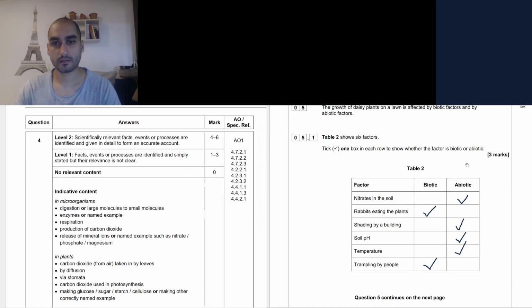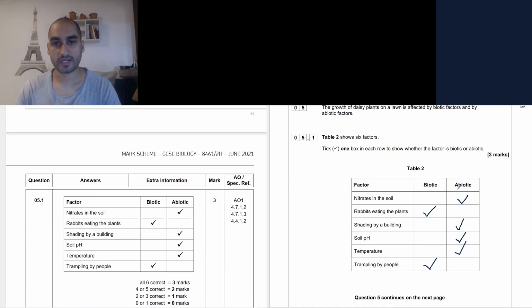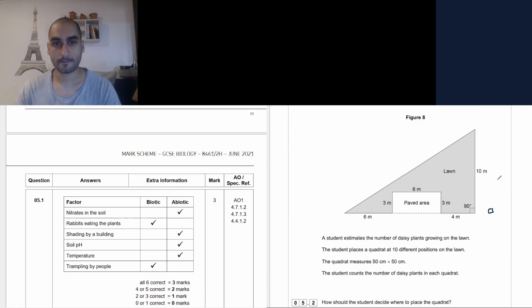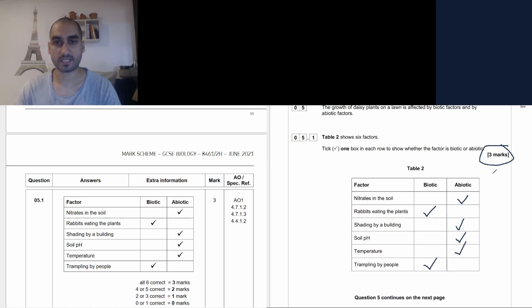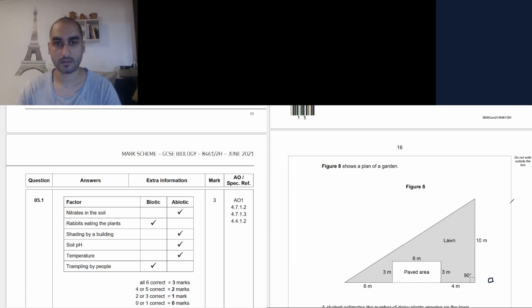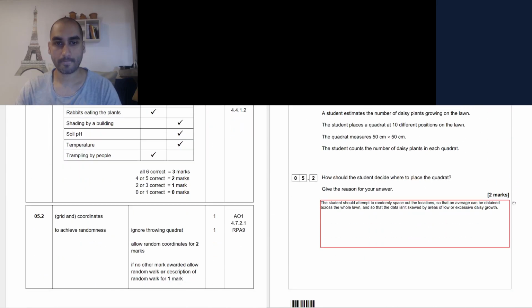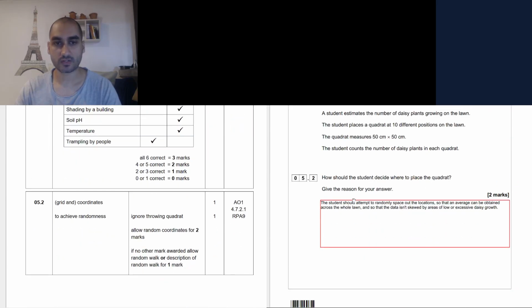All right. So it's right, left, right, left. Correct. So it has to involve organisms, basically, not chemicals. So nitrates in the soil is still abiotic. Grid and coordinates to achieve randomness.